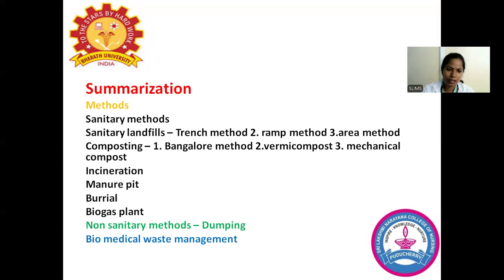In sanitary landfill, we have three methods: the trench method, ramp method, and area method. In composting, we have the Bangalore method, vermicompost, and mechanical compost. So this is about methods of waste management. For biomedical waste management, especially, we go for a process called incineration.